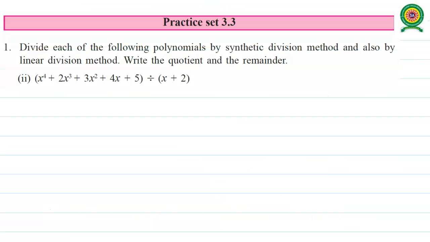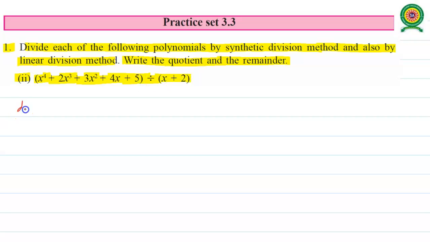Now the next question: divide the following polynomial by using the synthetic division method and also by the linear division method, and write the quotient and remainder. We have x⁴ + 2x³ + 3x² + 4x + 5 divided by x + 2.